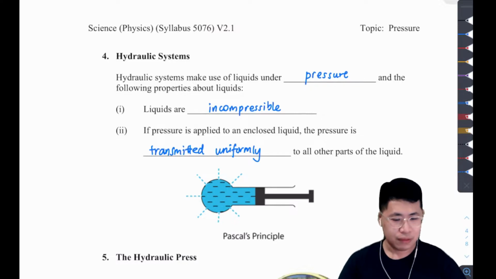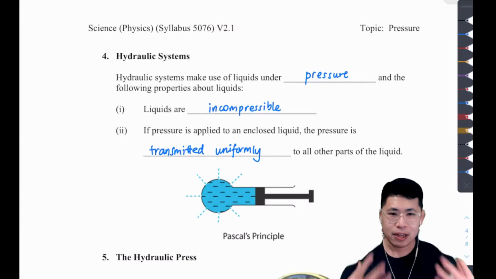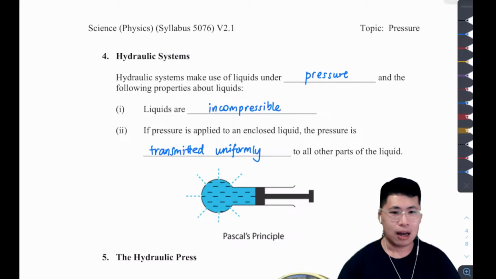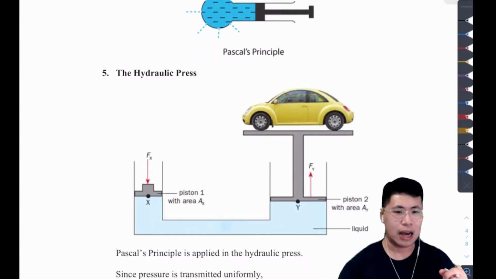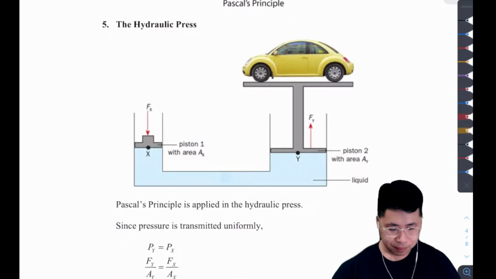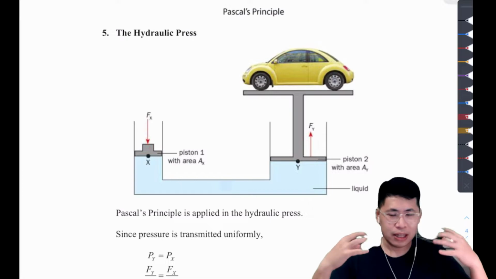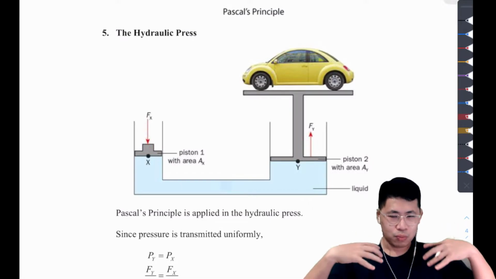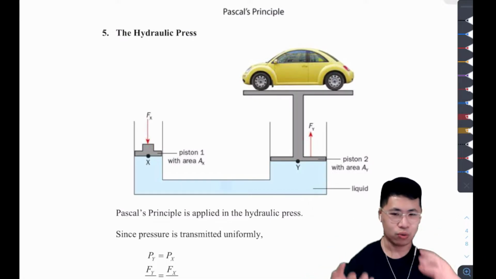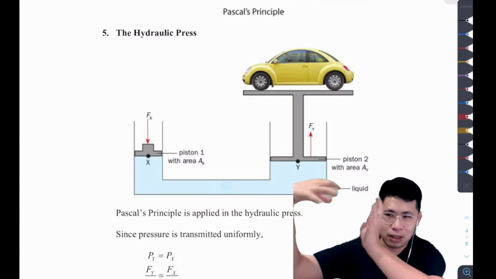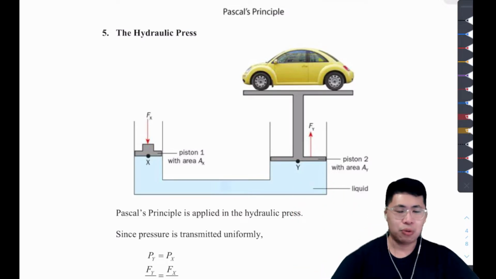Okay, so with this, let us go into the application of hydraulic systems. The first one is the hydraulic press. Over here, we want to talk about using liquid pressure to transmit the pressure from one part to the other part.